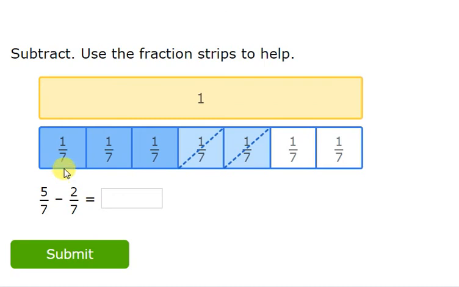We have 5/7, and we have subtracted 2/7 from them, so we are left with 3/7 parts. So 3/7 is the answer. The denominator is not changed, still 7, and we have just subtracted the numerators, 5 minus 2, which is 3.